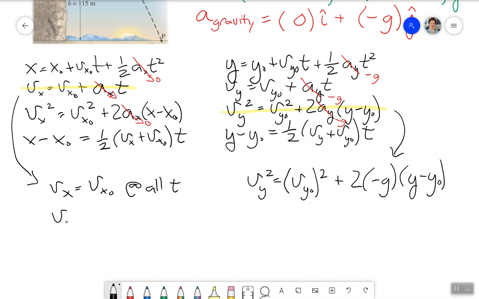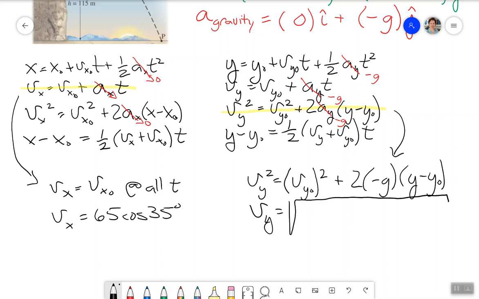So vx is equal to 65 cosine 35, and vy is equal to the square root of 65 sine of 35 degrees squared plus 2 times minus g, and the final y was negative 115 minus 0.